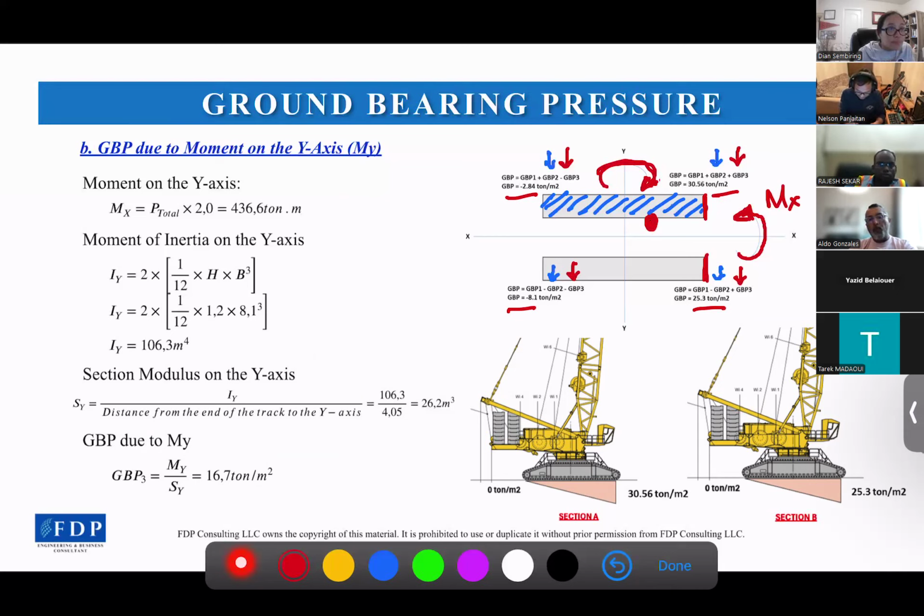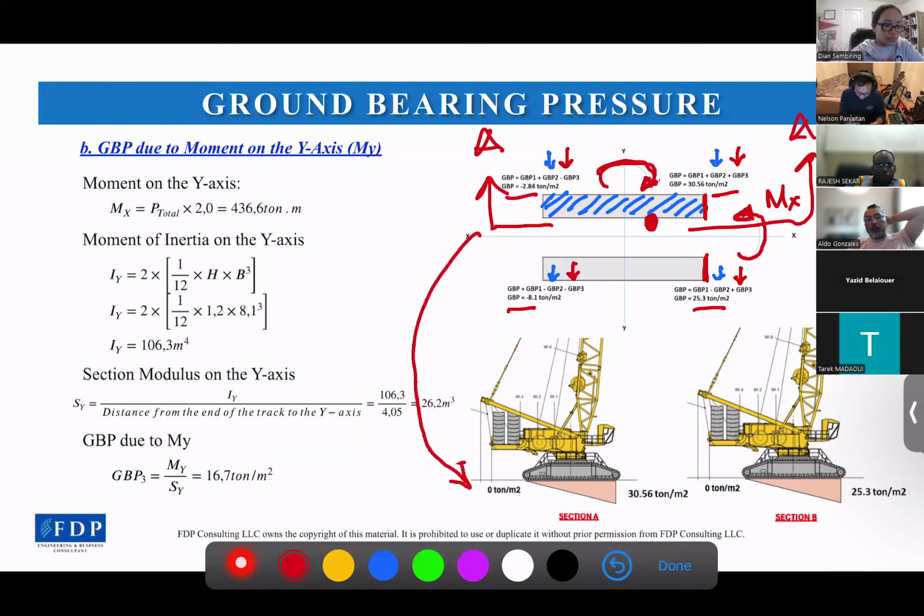If you have this section, I will call it section A. Then we get this section view, where the rear of the tracks will have 0 ton per square meter. Why did I put a 0 here? Because when we get negative pressure, actually there is no negative pressure.